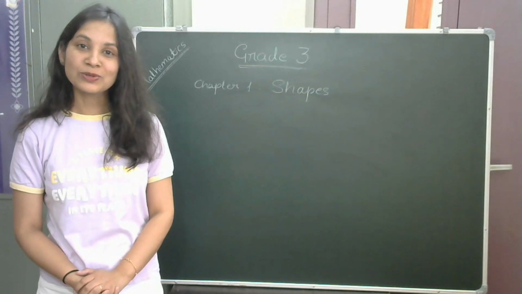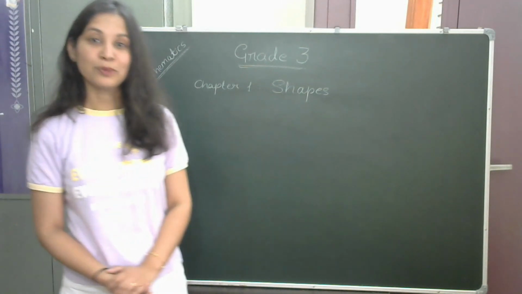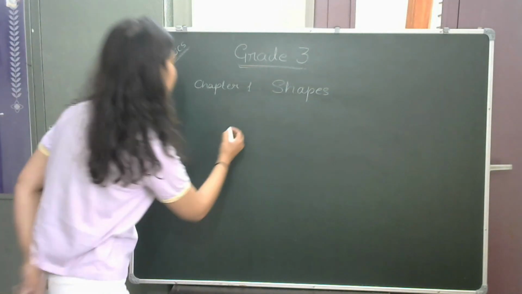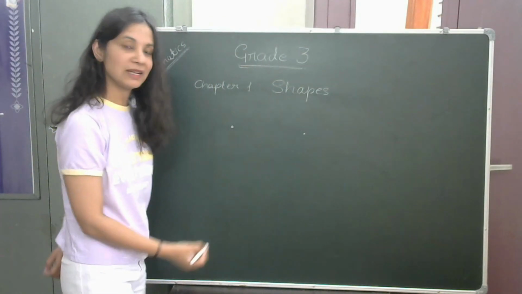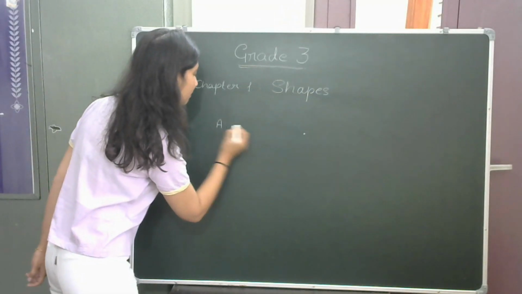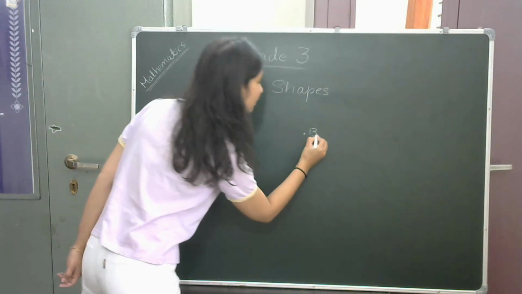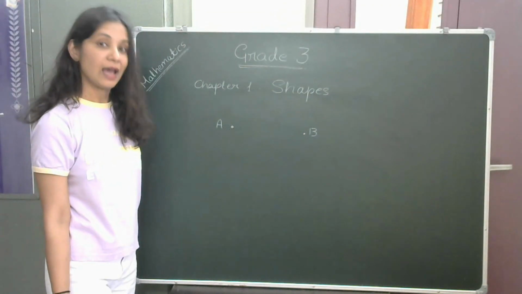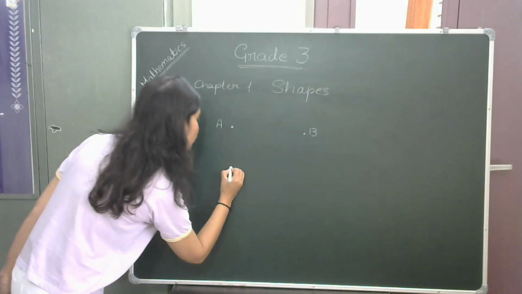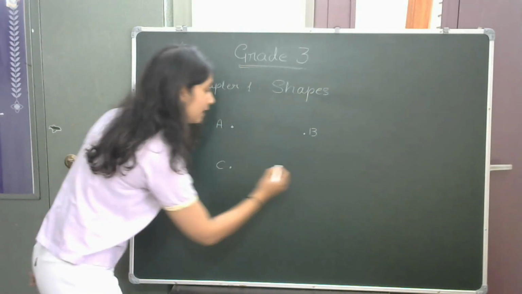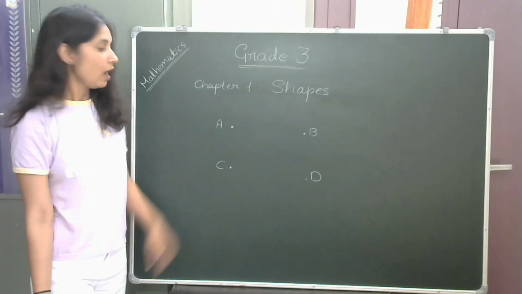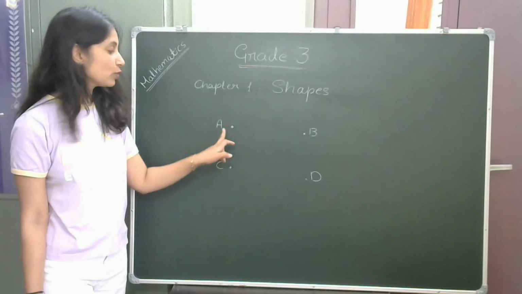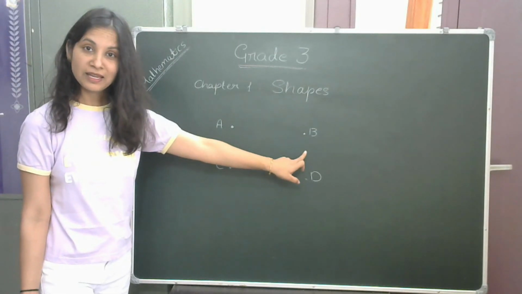So what are those? Let me put 2 points on the screen. 1, 2 and let me name them A, point B. And I'm going to take 2 more points, that is C and D. How are we going to join these 2 points, A and B?